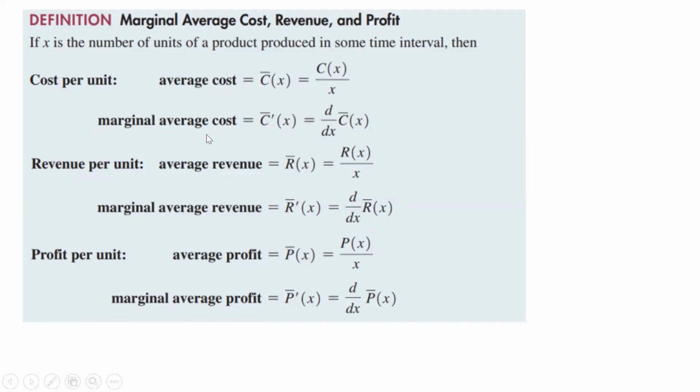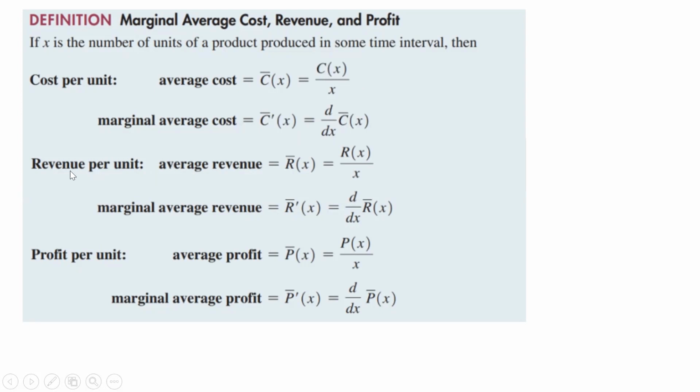Now, marginal average cost, we're just going to take the derivative of this. That's just d/dx of C bar of x. So you take your C of x, divide each term by x, and then you can easily take the derivative of it, and that'll give you C bar prime of x.